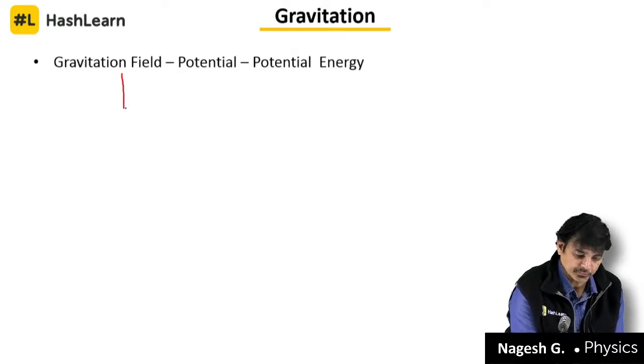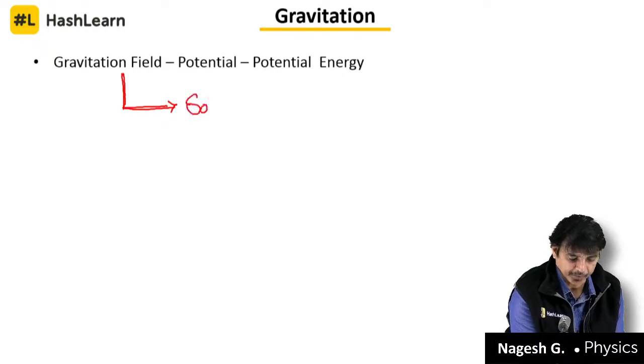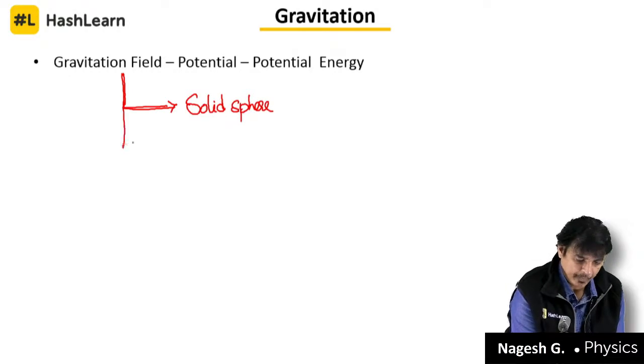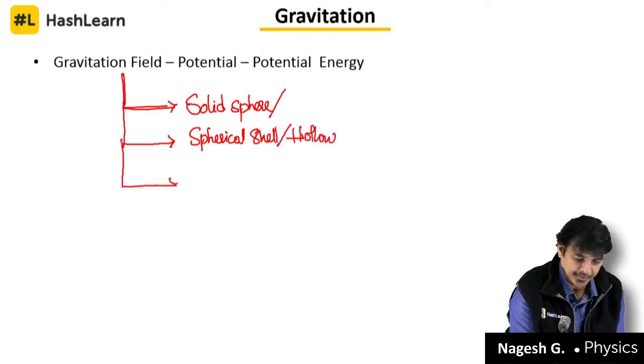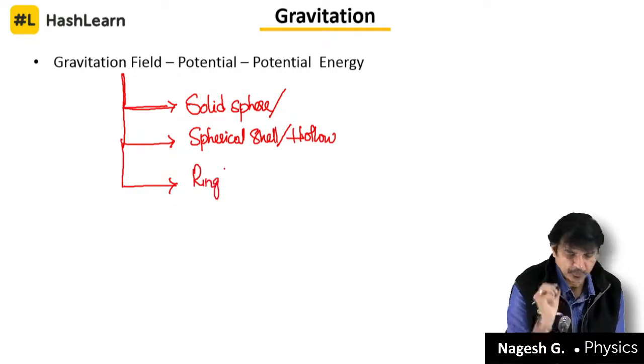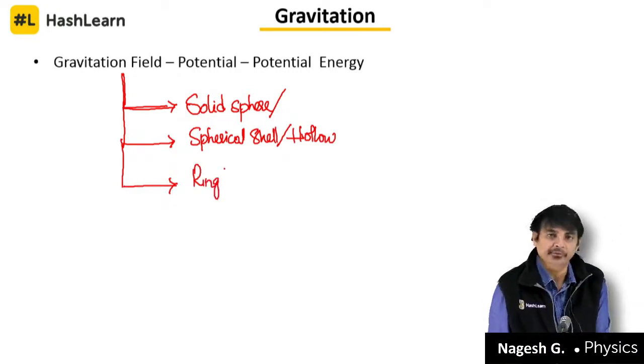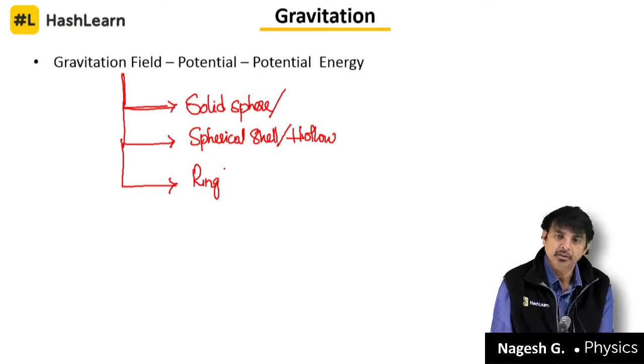Under this, we deal with a solid sphere, a spherical shell or hollow sphere, and a ring-like structure. So these are the CMDs we take under the topic continuous mass distribution.